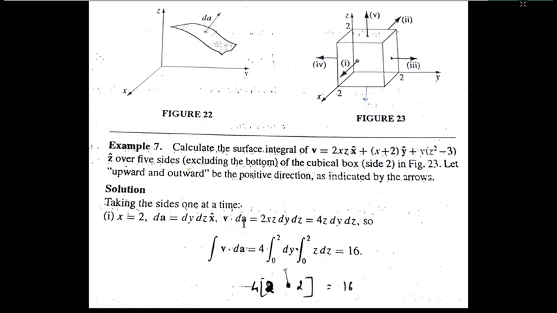V और A का डॉट प्रोडक्ट, वेक्टर V और सरफेस वेक्टर dA, उसका डॉट प्रोडक्ट अगर लो तो dA only x cap and x cap will do exist, and since it is exist, we should not think about the rest part of that.